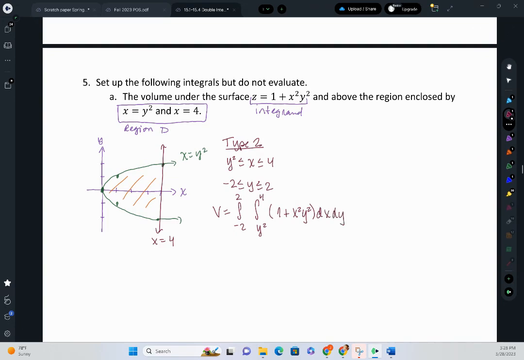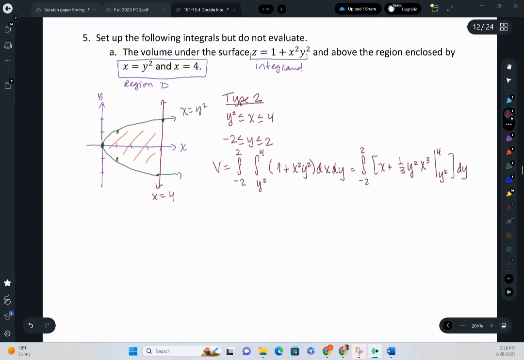All right, so if we integrate with respect to x first, that's going to give us the integral from -2 to 2 of x plus 1/3, and I'm going to write the y squared first and the x cubed second. We're going to evaluate from y squared up to 4. After we do that evaluation, we'll be able to integrate with respect to dy.